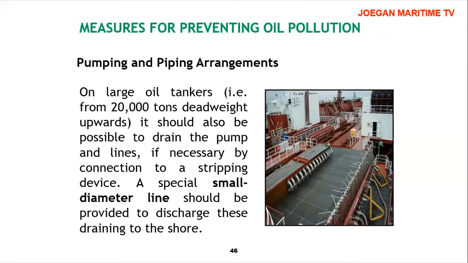On large oil tankers from 20,000 tons deadweight and upwards, it should also be possible to drain the pump and lines if necessary by connection to a stripping device. A special small diameter line should be provided to discharge this draining to the shore.